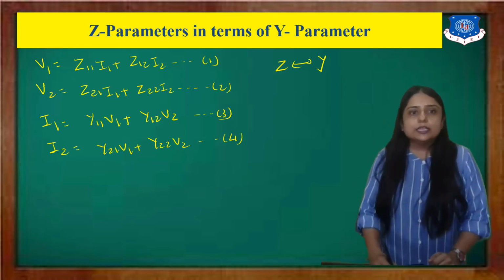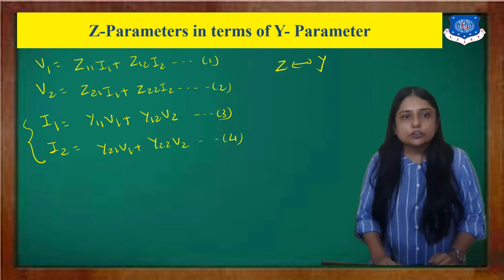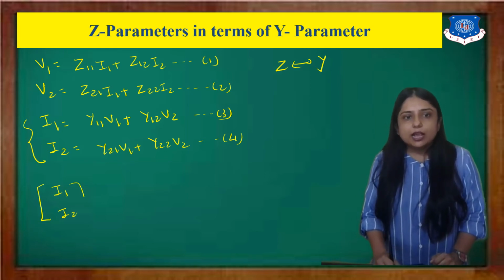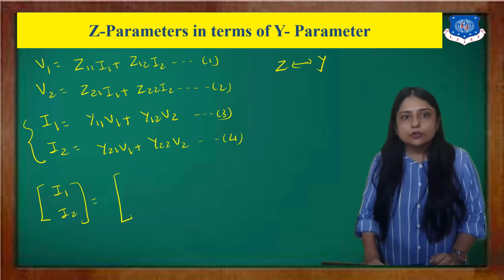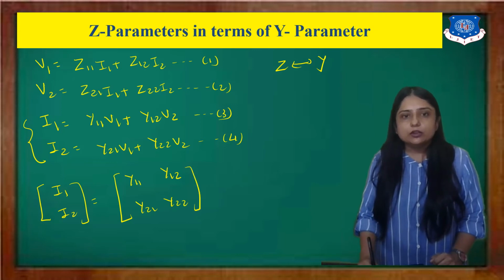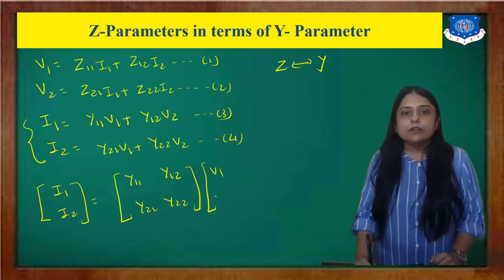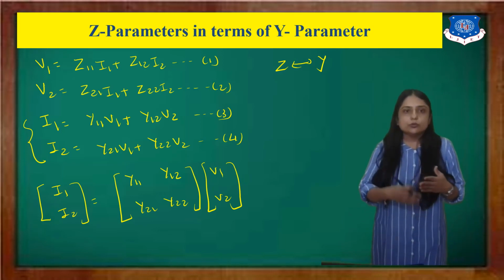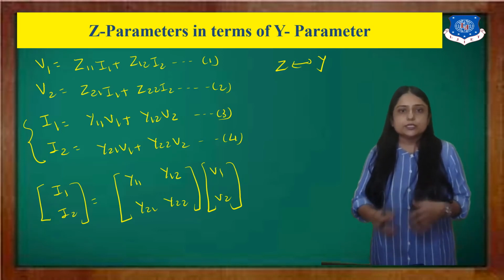So how? These last two equations you have to write in the form of matrix: I1, I2, then Y11, Y12, Y21, Y22, and here V1 and V2. Whatever is written at the last, you have to write in the form of matrix.